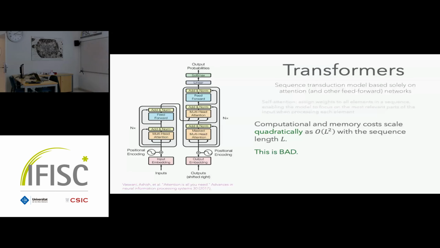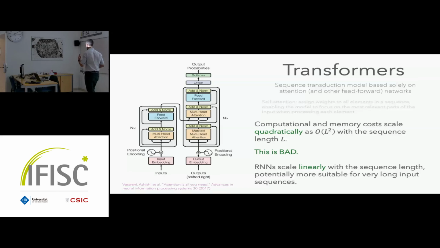So this is bad, of course. Compared to these, recurrent neural networks in operation, so in inference, scale linearly with the length of the time series. So recurrent neural networks are in a position of clear advantage compared to transformers for inference. But for training, recurrent neural networks cannot be parallelized. So this is very tricky.